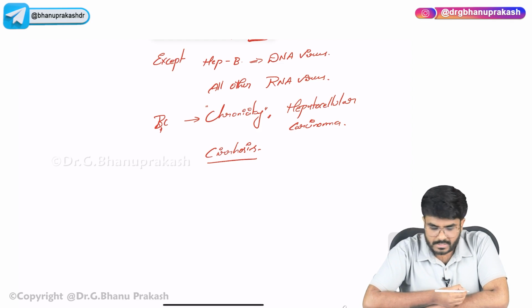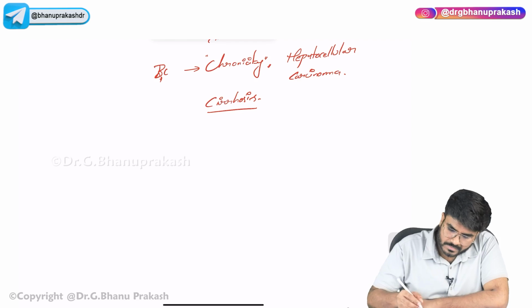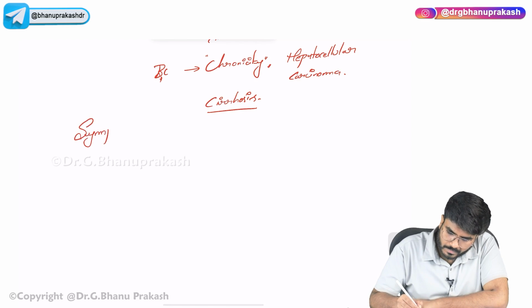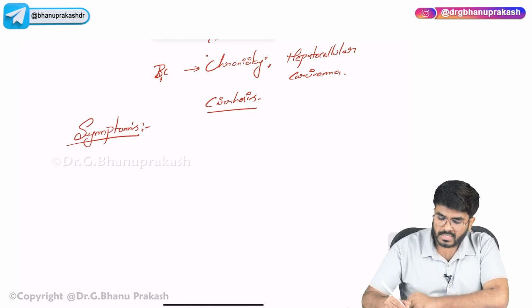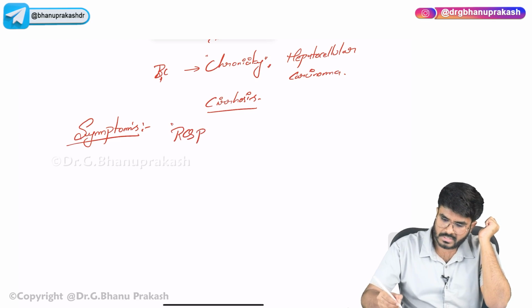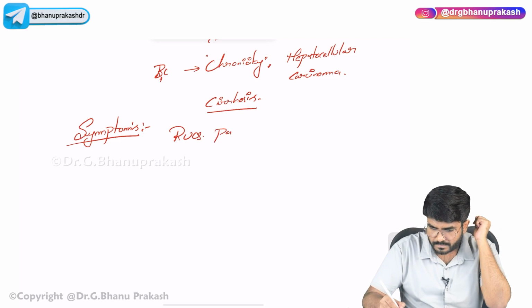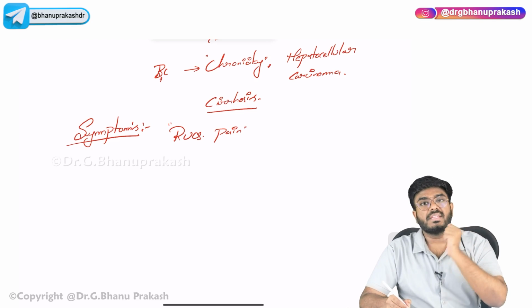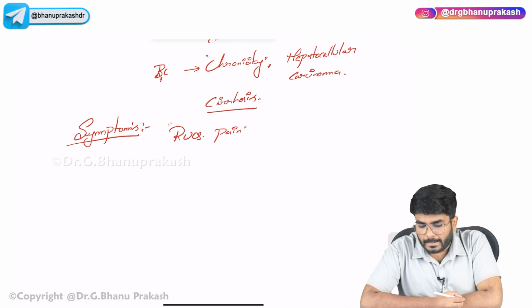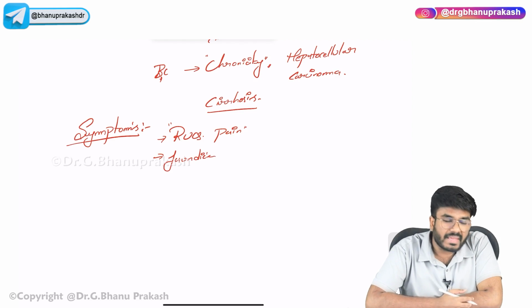Next, what are the symptoms which can be seen in a patient who is having this viral hepatitis? Symptoms. The patient is going to have right upper quadrant pain. Since the hepatocytes are dying, there can be jaundice, the yellowing of the skin, icterus.